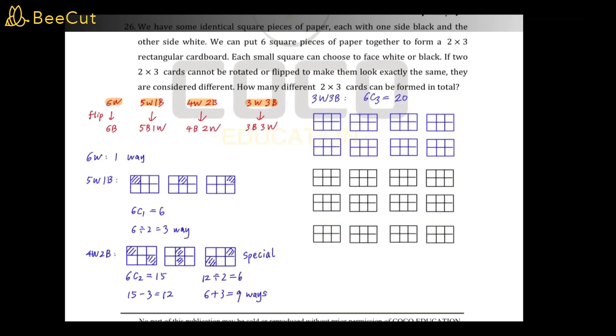Yeah, there are 2 types. The first type, yeah, so this one, after rotation, becomes like this. So these 2 are considered as the same way.